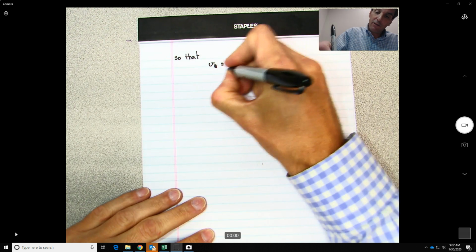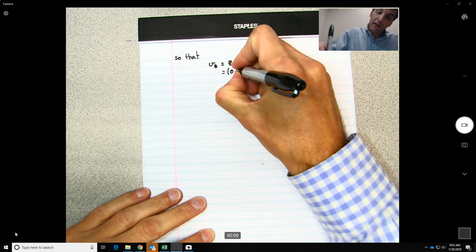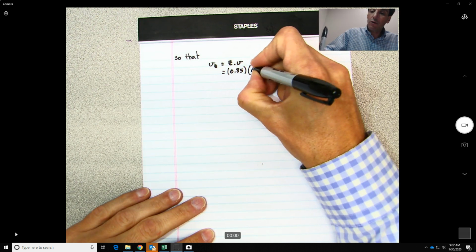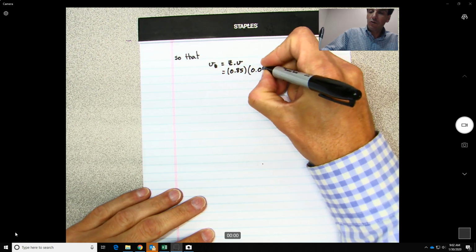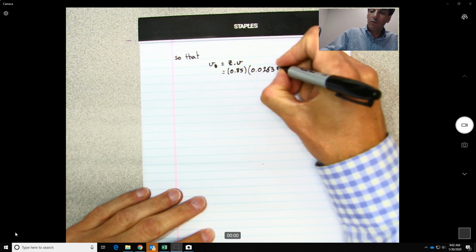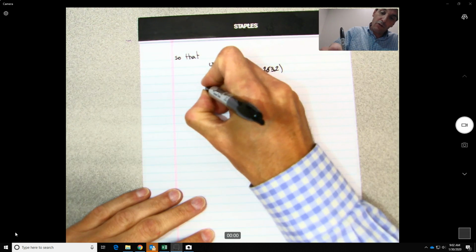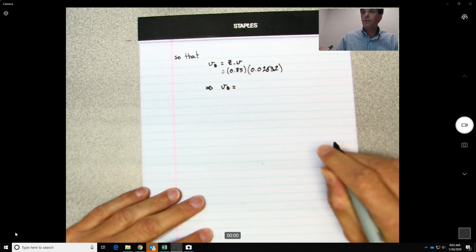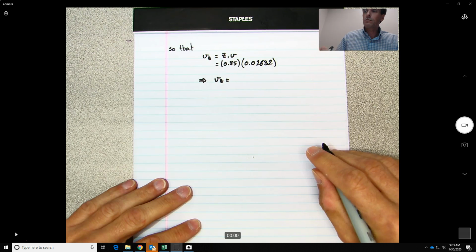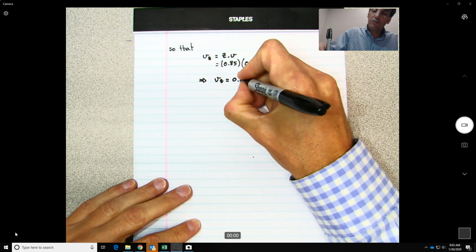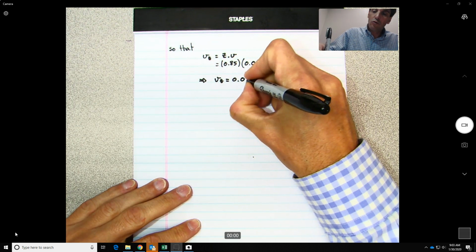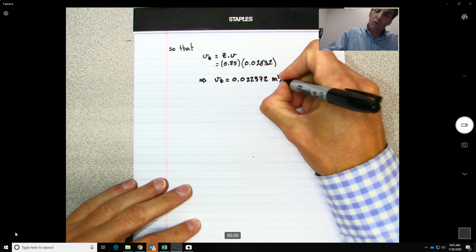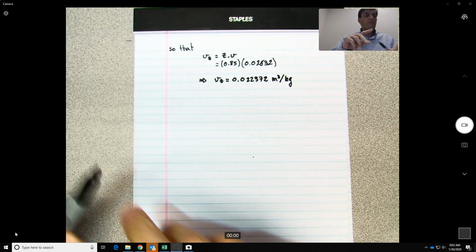This is equal to 0.85 times the initial value, 0.02632. So the specific volume, if we look at the compressibility factor, is equal to 0.022372 cubic meters per kilogram.